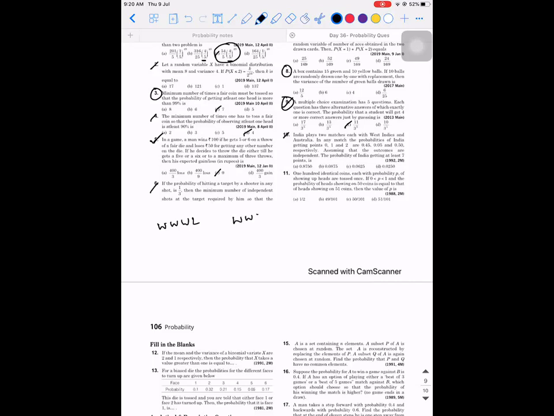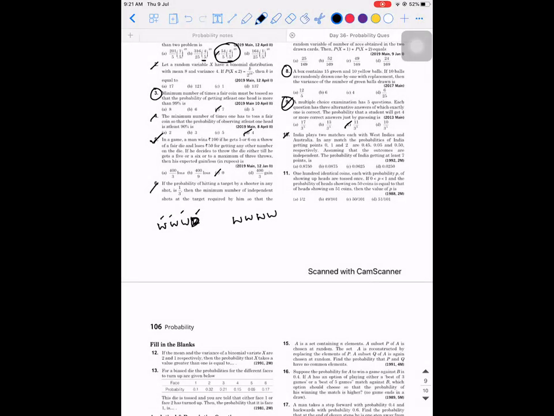Drawn, sir. Zero is lose, 1 is draw. So 3 wins means how much are you getting? 6, sir. 6 plus 1 draw is 1, 7. All win. That's right.